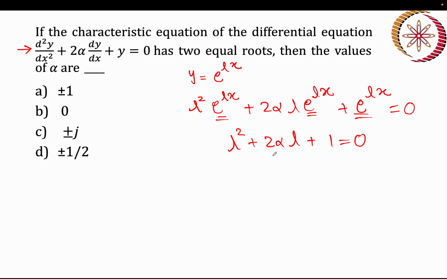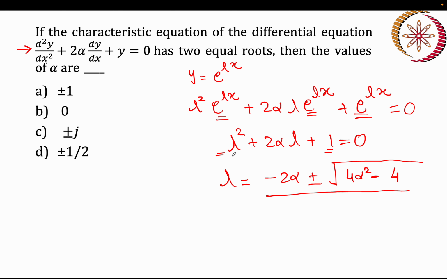Okay, so if we find the roots for this quadratic equation, we get lambda is equal to minus 2 alpha plus minus square root of 4 alpha square minus 4ac, where a is 1 and c is 1, so it will be 4, divided by 2a, which is 2. So we get this form, alpha square minus 1.